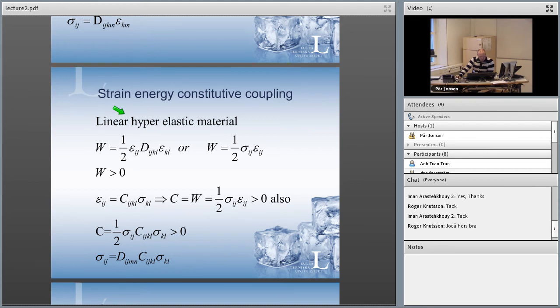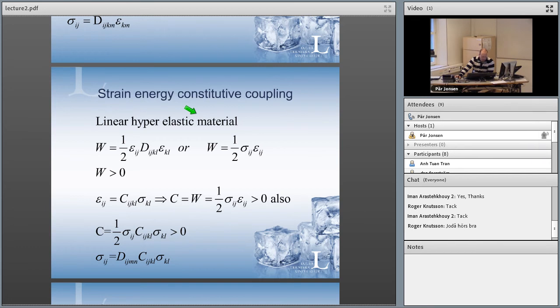But for this special case, linear hyperelastic material, because you divide the energy, you have a straight line and you will divide the energy straight off. You can say that C and W is the same.